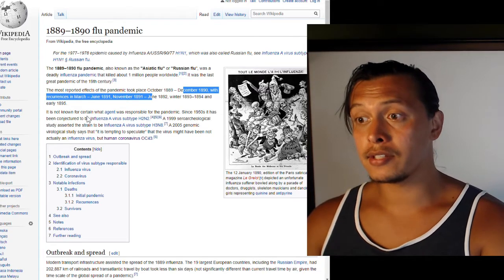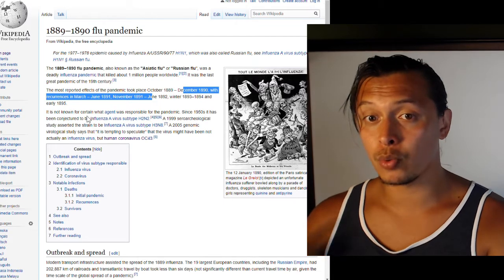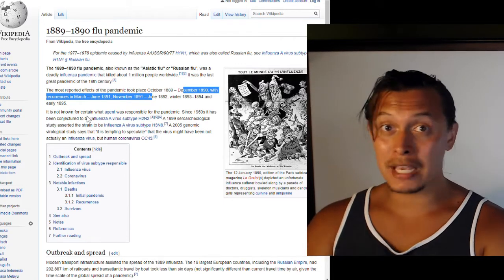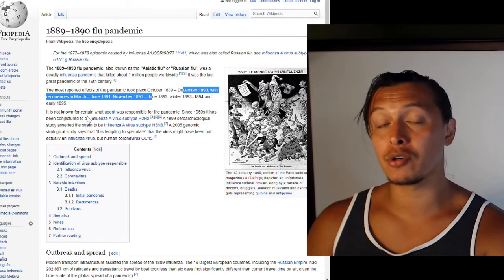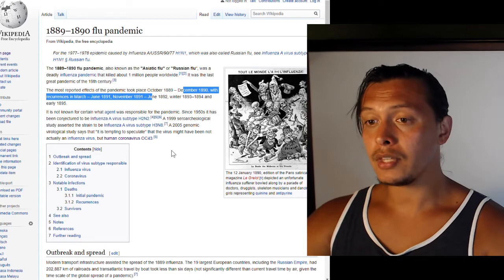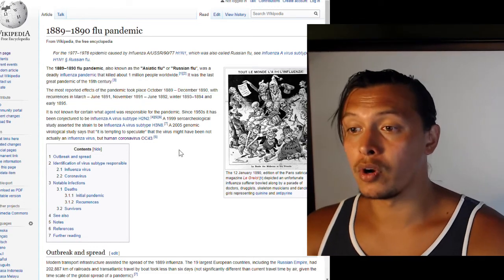Granted, this keeps on circulating throughout the human population every single year. It's not going away. People get infected with this exact same coronavirus multiple times throughout their life. Same thing with the other human coronaviruses.